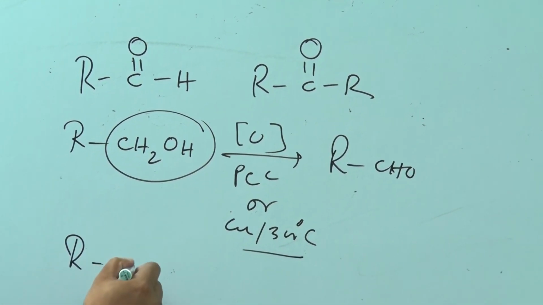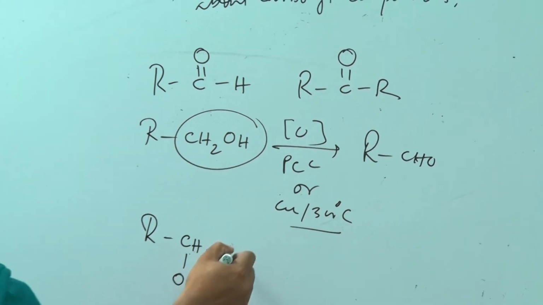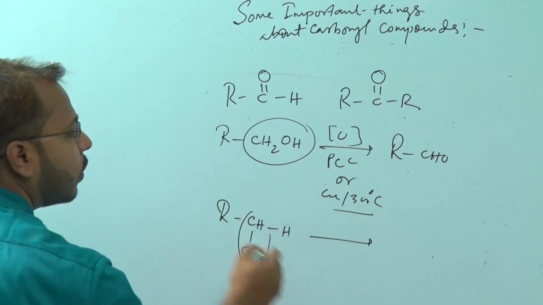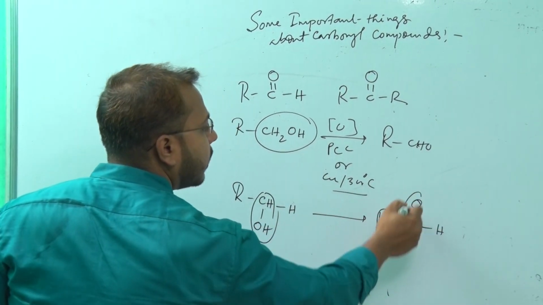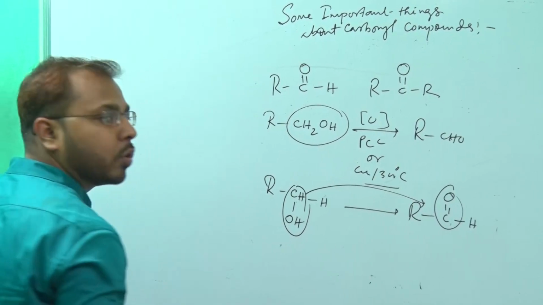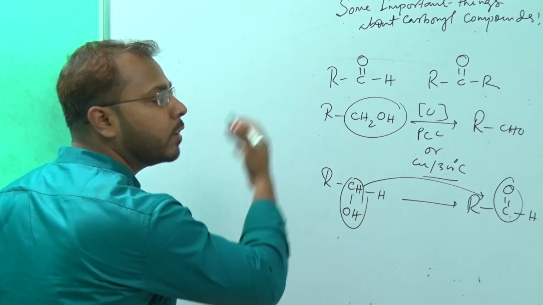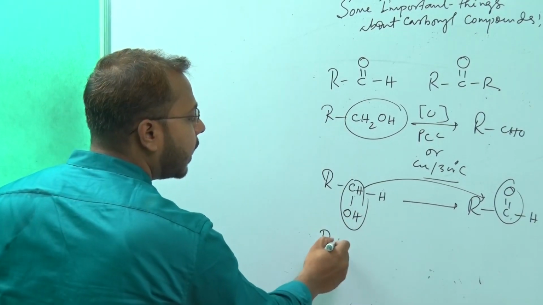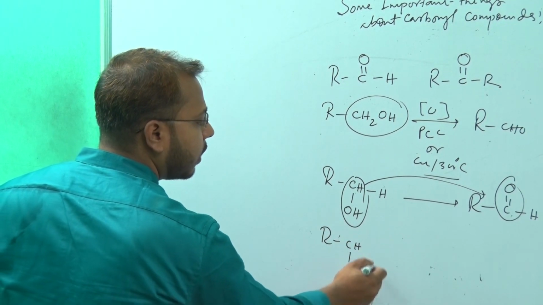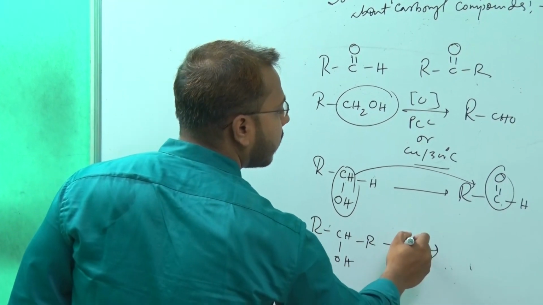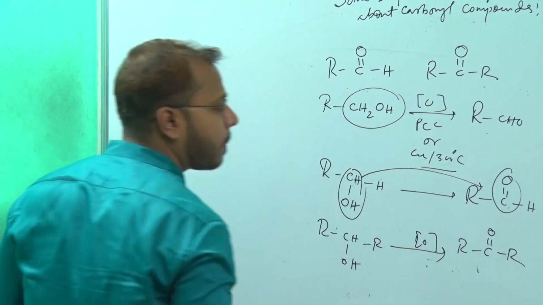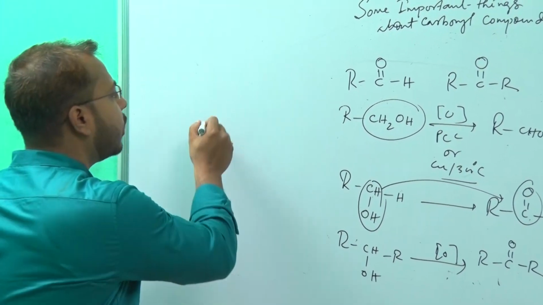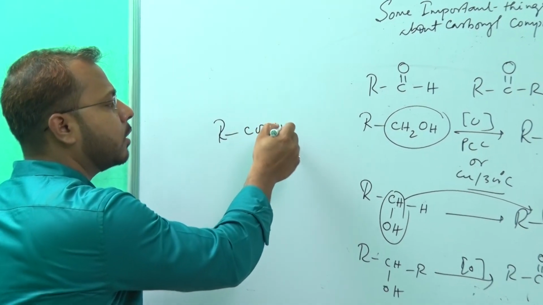You should remember the trick that CHOH portions will be oxidized to the C=O part. So if the alcohol is primary, you will get aldehyde, and if the alcohol is secondary, you will get ketone, the C=O part.